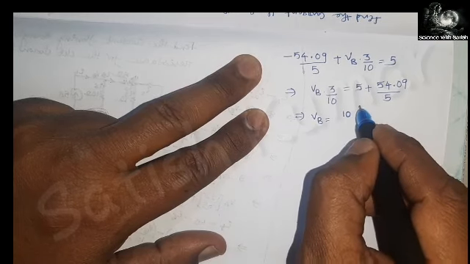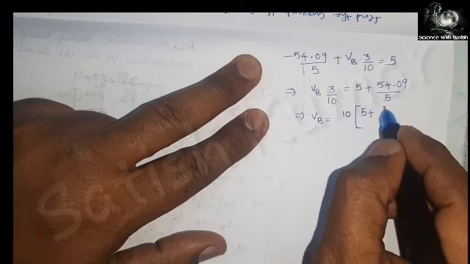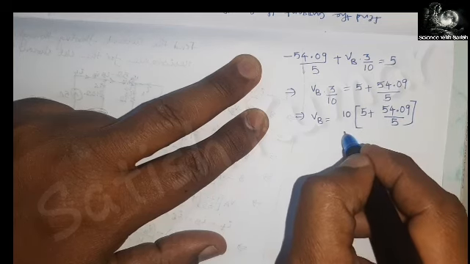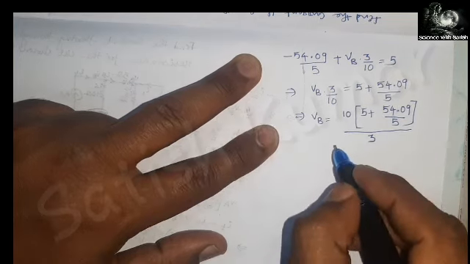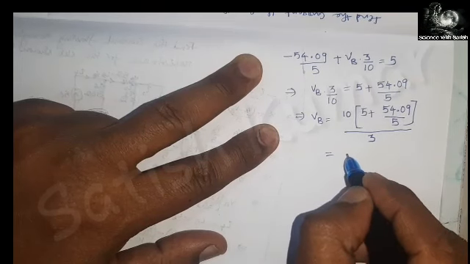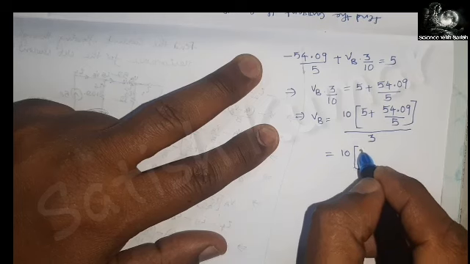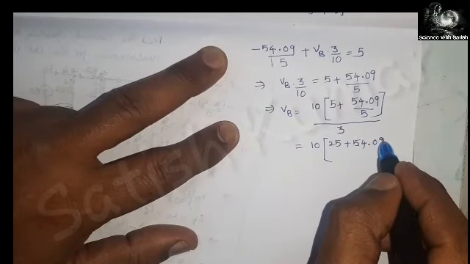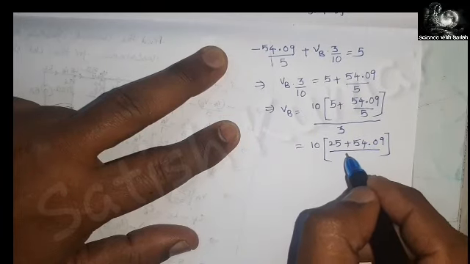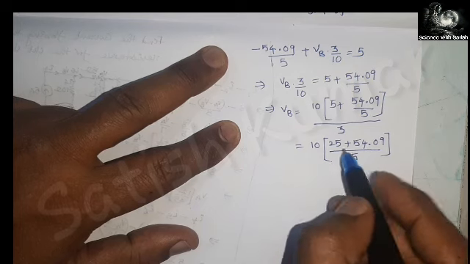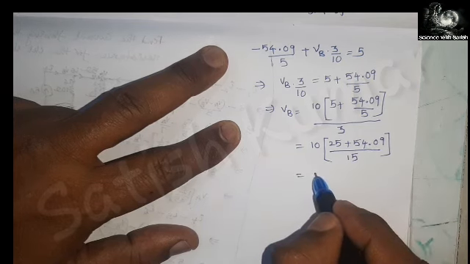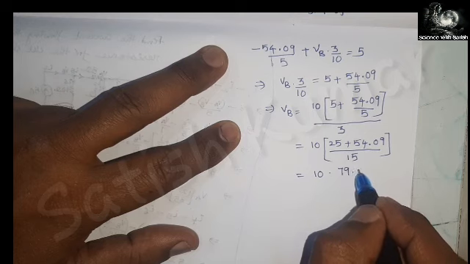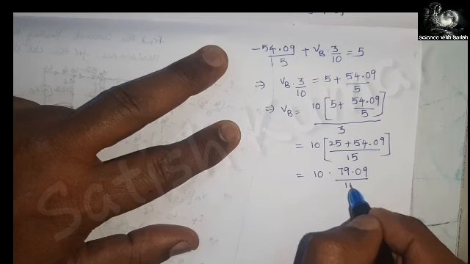10 into 5 plus 54.09 by 5, by 3, is equal to 10 into 25 plus 54.09 by 15. This is 79.09 by 15.